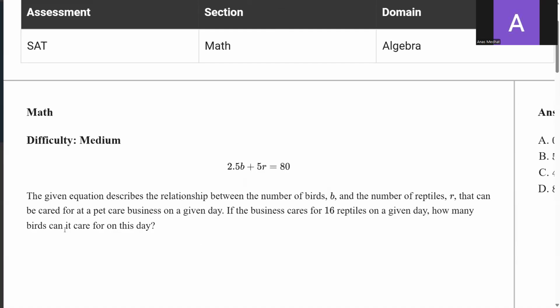All you have to do is substitute and get B. Let's do this: 2.5B plus 5 times 16 equals 80. 5 times 16 is 80, so 2.5B plus 80 equals 80. So B should be 0.